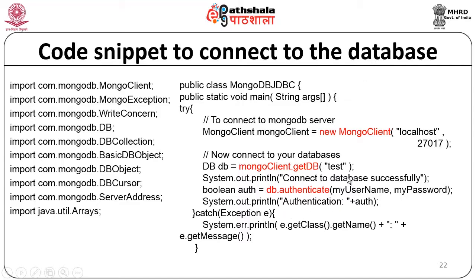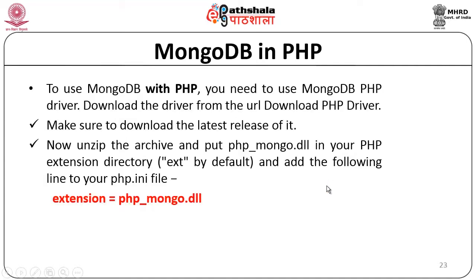The first thing you should do is connect to the server using the new MongoClient command. Then you need to connect to your database using the getDB method, and then you should verify whether the connection to the database has been done successfully and then authenticate. If you have done these steps, then you are properly connected to the database.